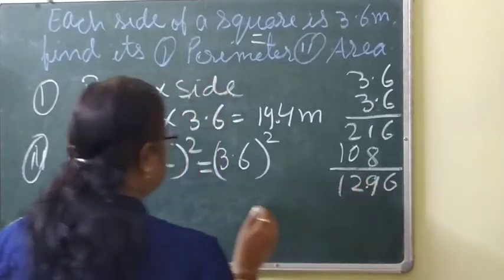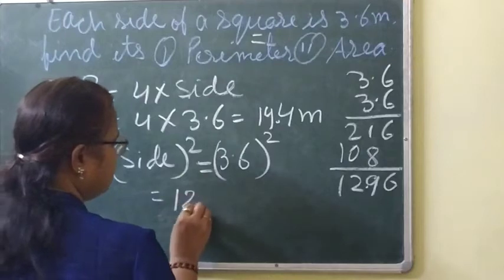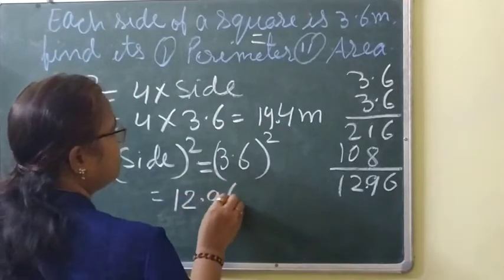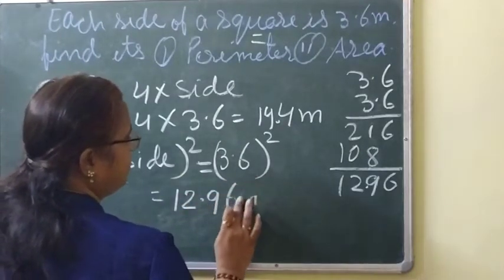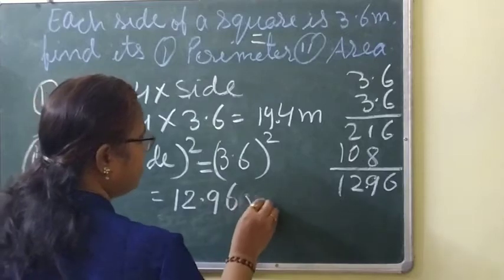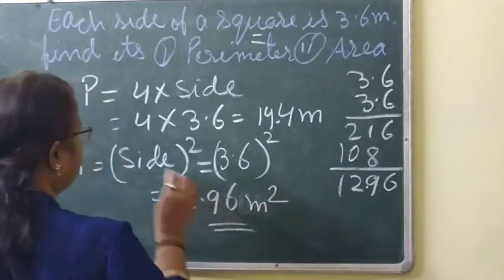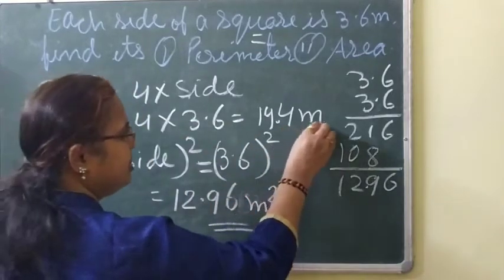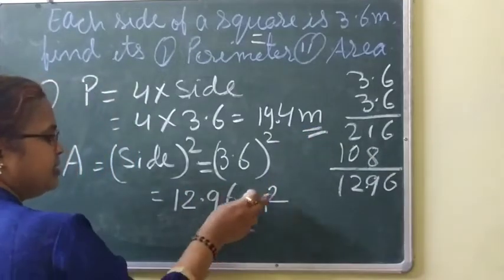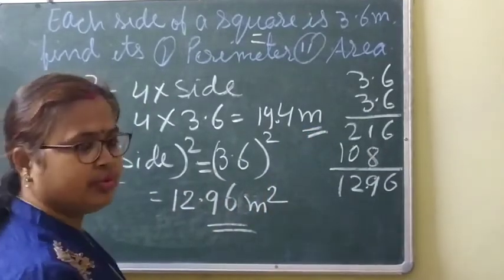So answer will be 12.96 meter square. Meter is given here, so here we will write meter square. In perimeter we write the unit meter, but in area we write square of that unit.